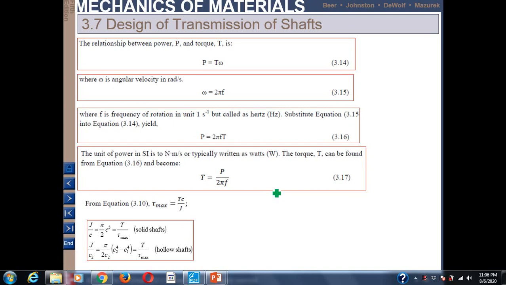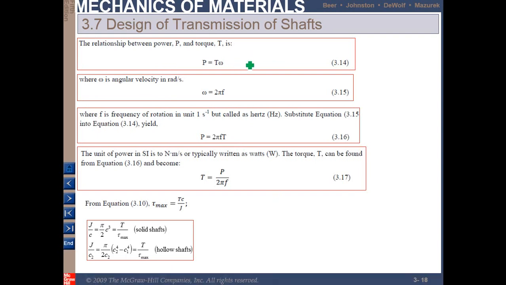The relationship between power P and torque T is given by P is equal to torque times angular velocity omega, in which omega is the angular velocity in the unit of radian per second, and it is equal to 2 times pi times f, in which f is frequency and the unit is per second, but called hertz.